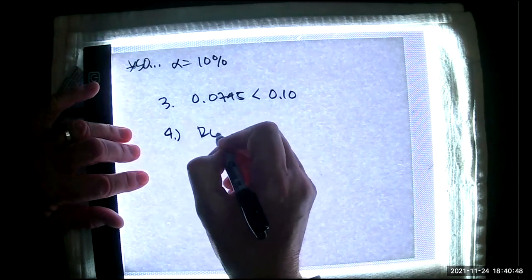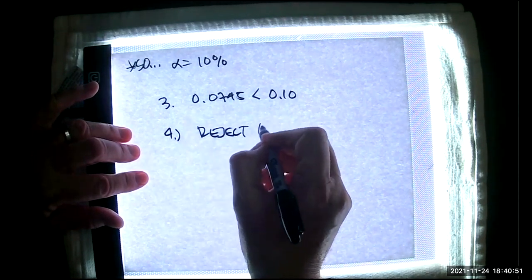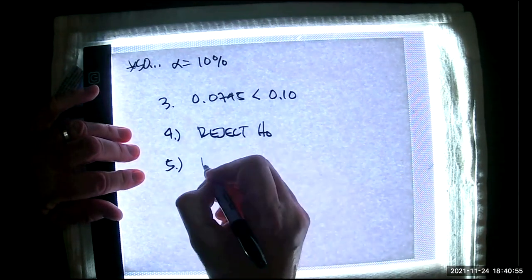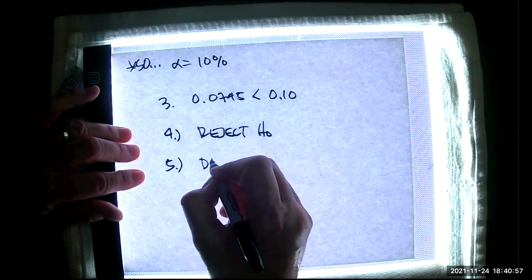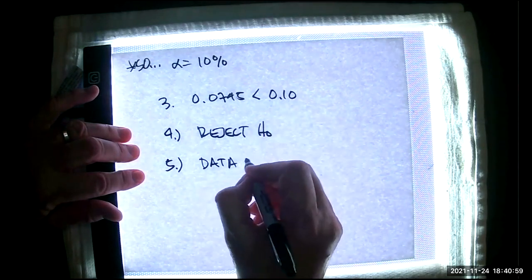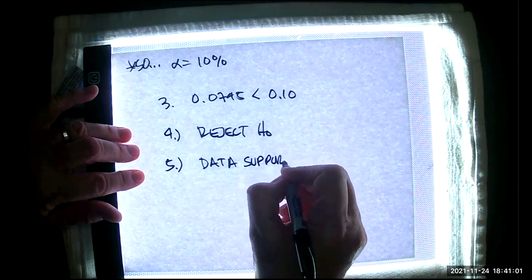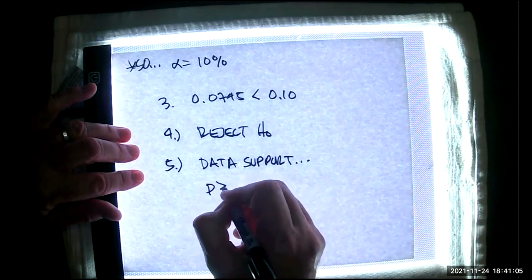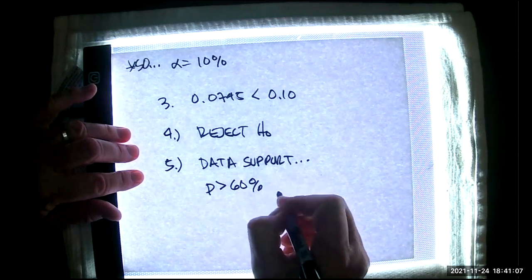So now we will reject H naught. And in this case, data now support p being greater than 60%.